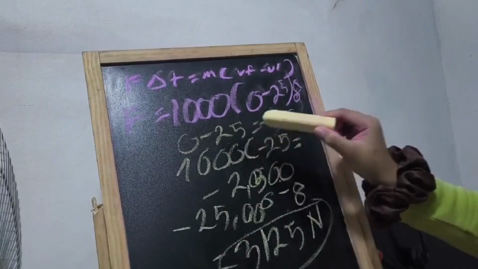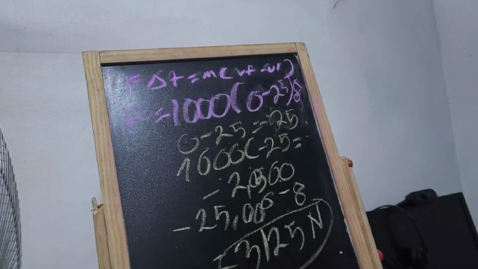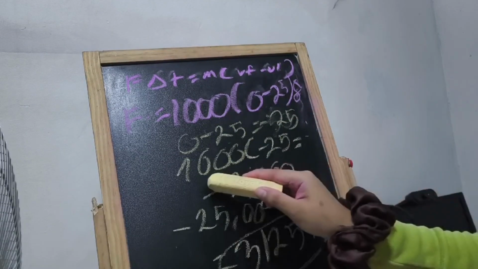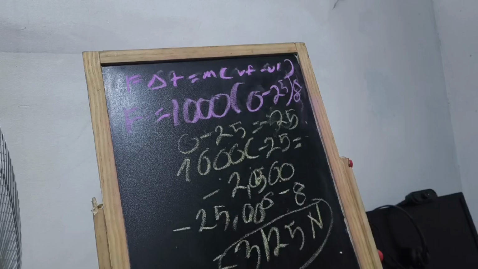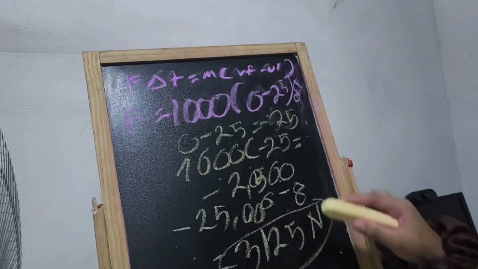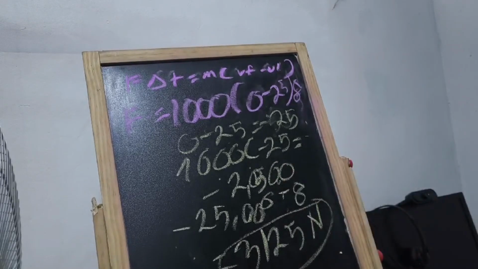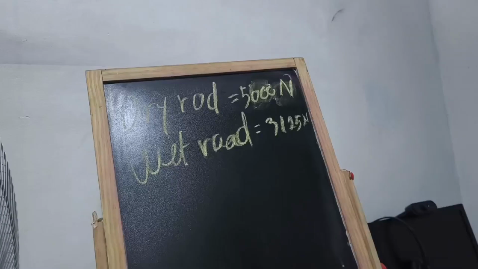First, we solve the velocities again. 0 minus 25 is equal to negative 25. 1,000 times negative 25 is equal to negative 25,000. Negative 25,000 divided by 8 is equal to negative 3,125. This means when the stopping time becomes longer, the braking force becomes smaller. Wet roads have less friction, so the cars need more time to stop.